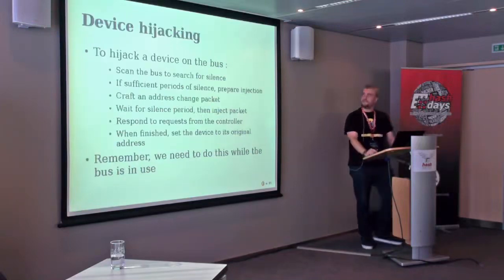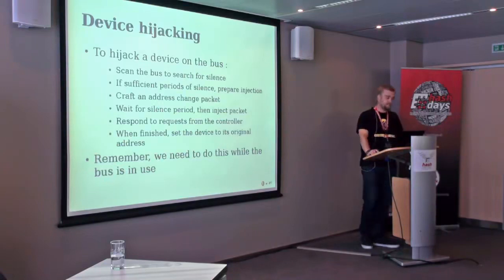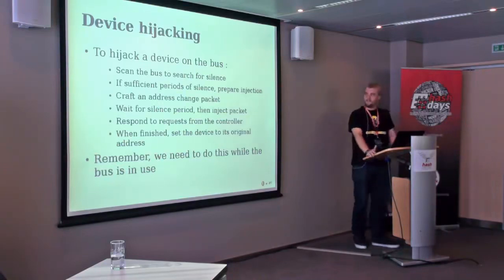To sum it up, if you want to hijack a device on the bus, you have to scan the bus to look if there's enough silence to inject data. If there are sufficient periods of silence, you can prepare the injection.